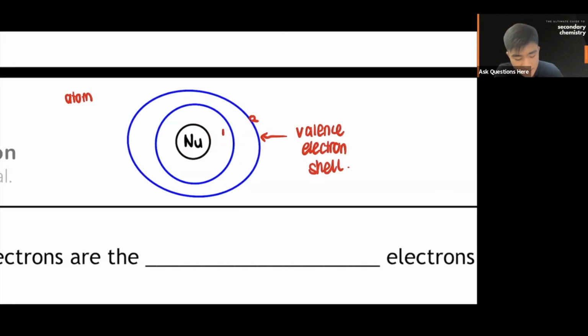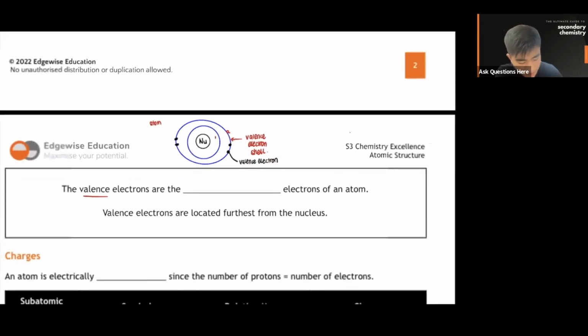Okay, and in this particular shell, there exist valence electrons. So if I have electrons inside here, okay, 1 electron, 2 electrons, maybe I have another electron here. These electrons over here, the black color ones, they are known as the valence electrons because they are found in the valence electron shell. Okay, so let's fill up the blanks over here.